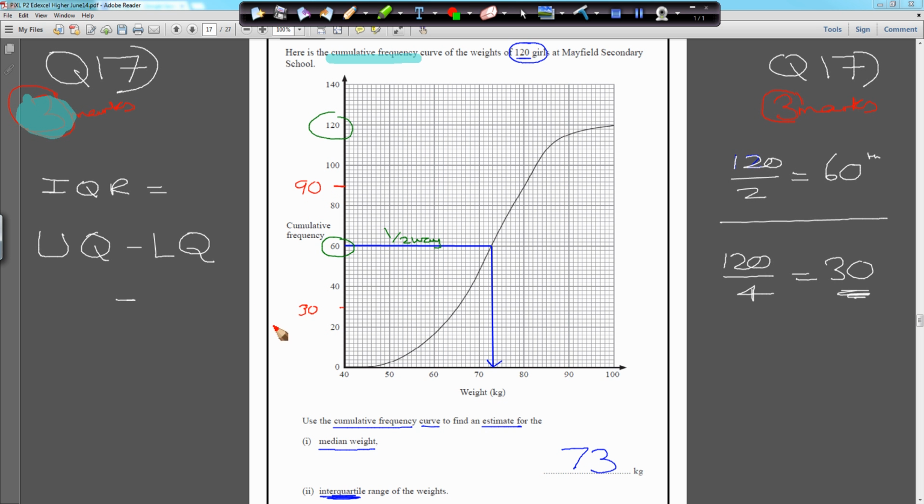So this 30 here corresponds to what we do on the line. Let's get our line in red. We're going to go from here to the curve, and then bring it down from there.